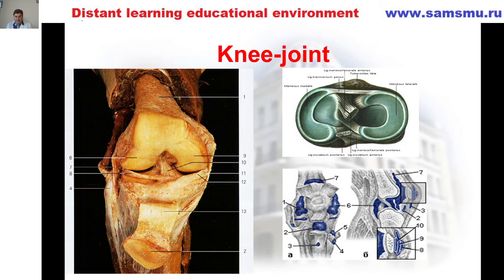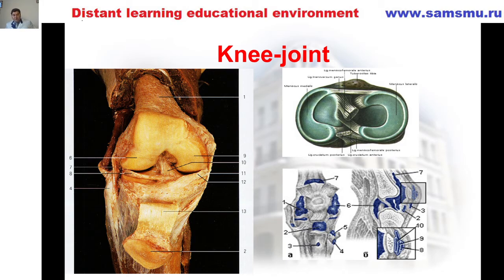Continuing below, they are continuous with the unpaired infrapatellar synovial fold, which is attached to the anterior edge of the intercondylar notch of the femur. So these ligaments also divide the cavity of the knee joint into the anterior and posterior parts.